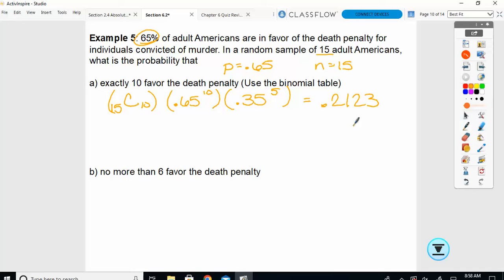Let's confirm this with the table. So on the table, first we have to find our n. n is 15, so that's the back page. p is 0.65, so we're looking at that column. And we want to go down to when x is 10. And it also says 0.2123. Does everybody know how to read it on the table?